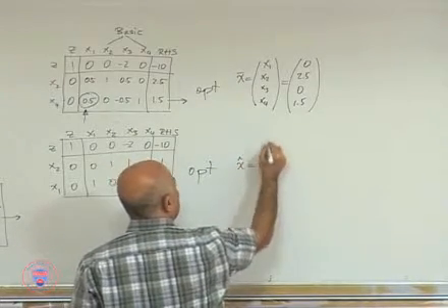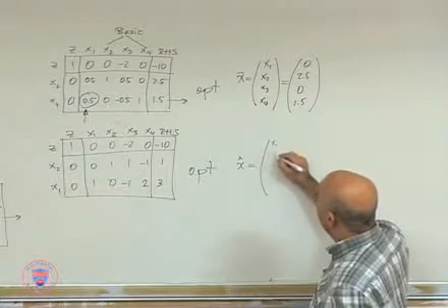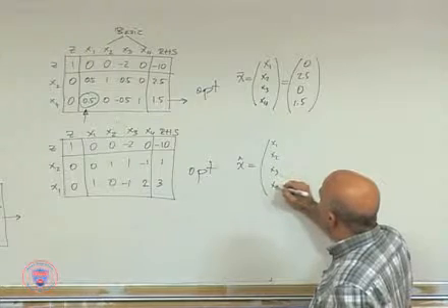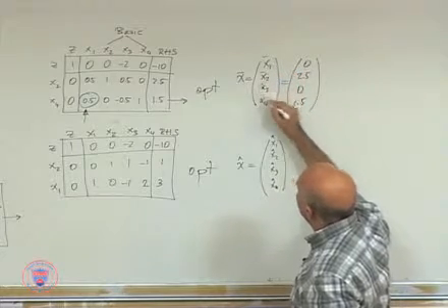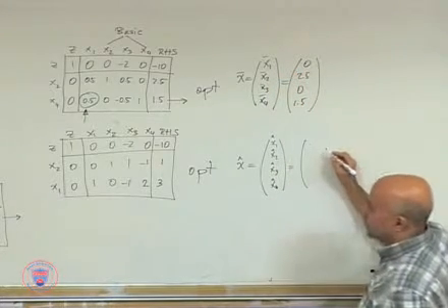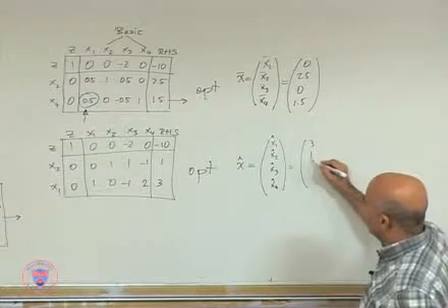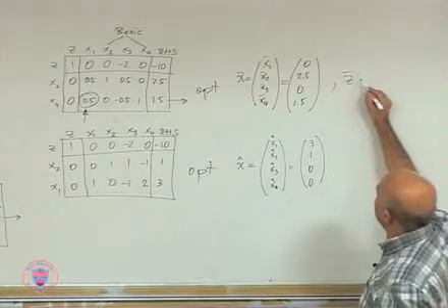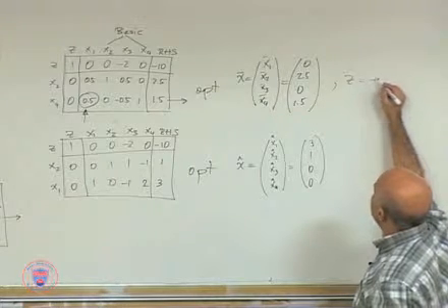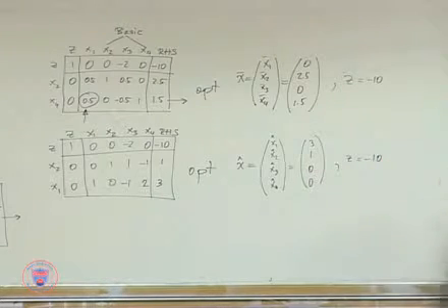In this case, you have a new solution, x cap, which is the following. x1 cap is how much? 3. x2 cap is 1. The other ones are non-basic and 0. The objective value is minus 10 here. And it's also minus 10 in this one. Of course, because they are alternative optimum solutions.